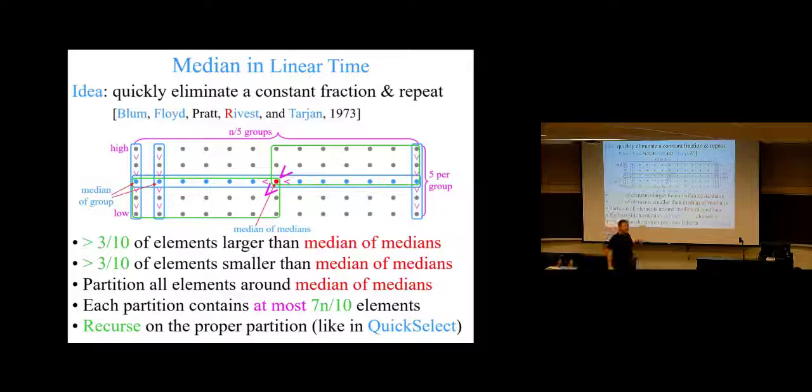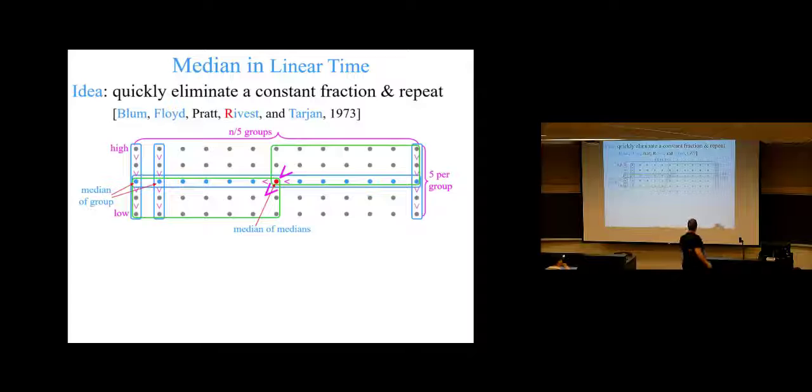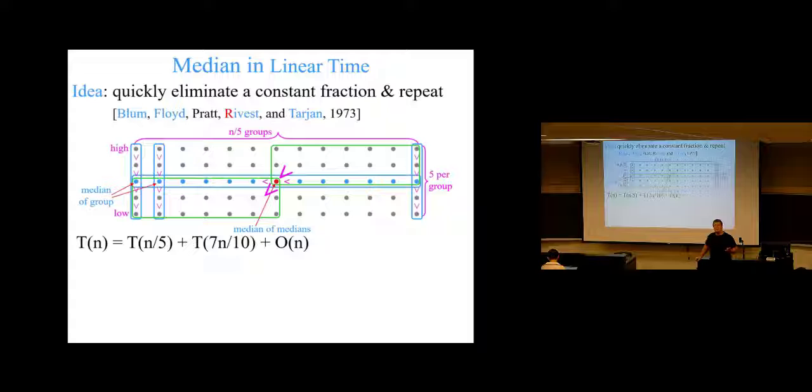Okay, so I think we're ready for the analysis of how long this takes to run. When this runs recursively, the time to run this whole high-level algorithm on n things is the time it takes to run it on n over 5 things, because we call it for the first time on the middle row, which is a fifth of the things, n over 5. So the time for n is equal to the time for n over 5 plus the time it takes to call it on 7/10 n at worst, because 30% or more will be eliminated.